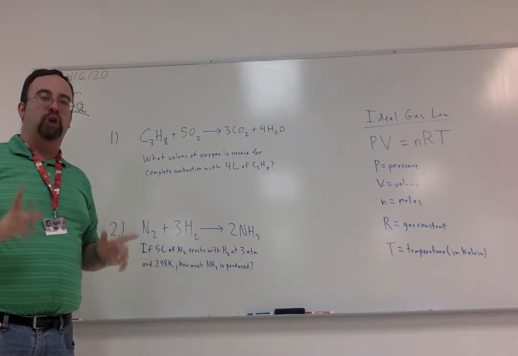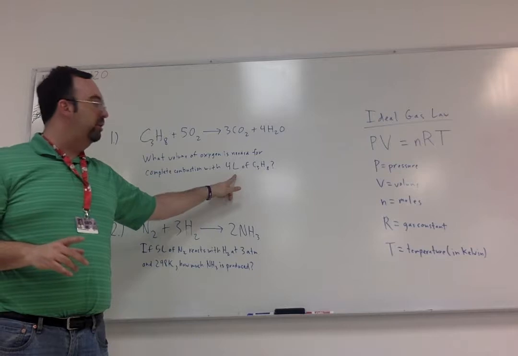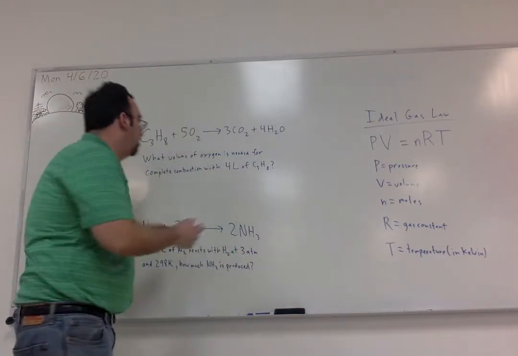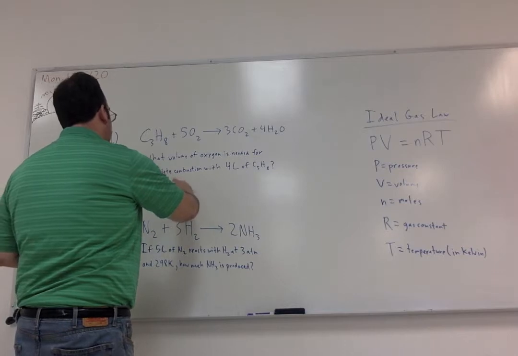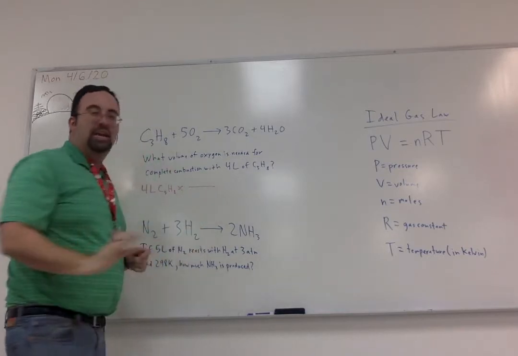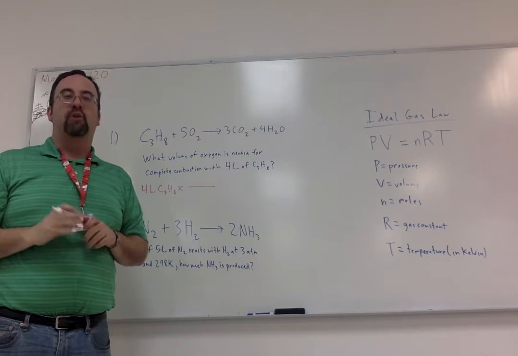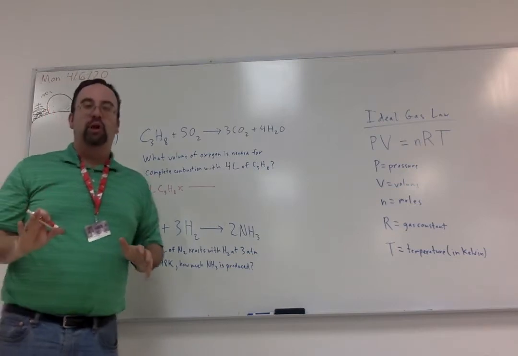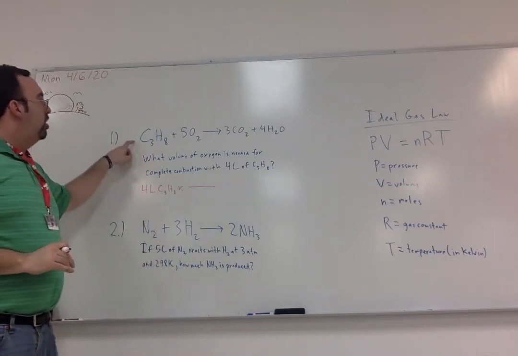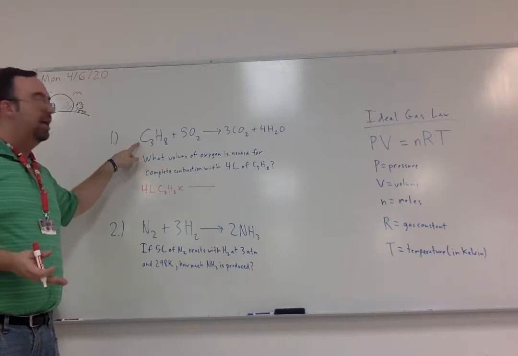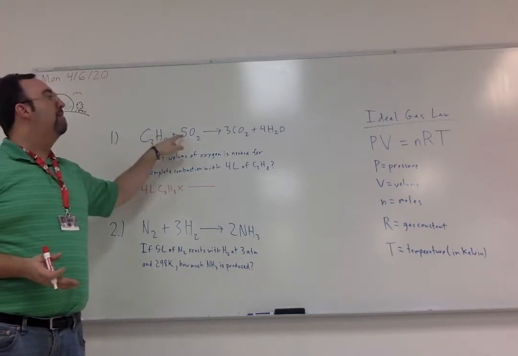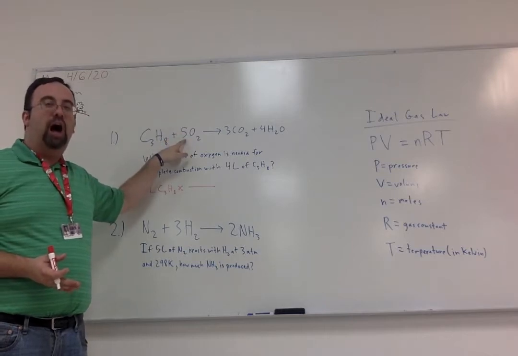So notice we're starting with 4 liters of C3H8. We need to now determine the volume ratio. We again look at our balanced chemical equation. You will see that we have 1 liter of propane, C3H8, that's reacting with 5 liters of oxygen gas.